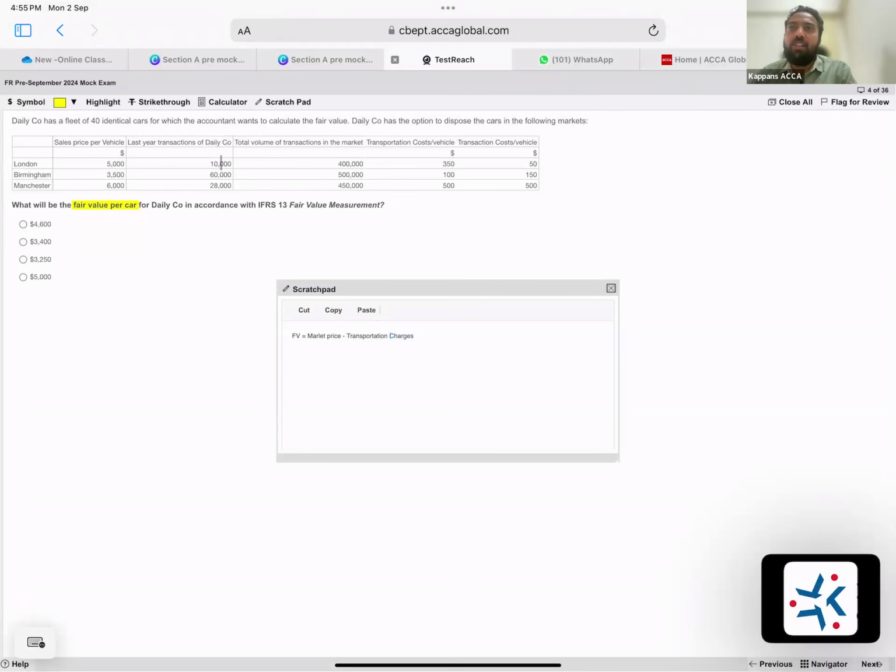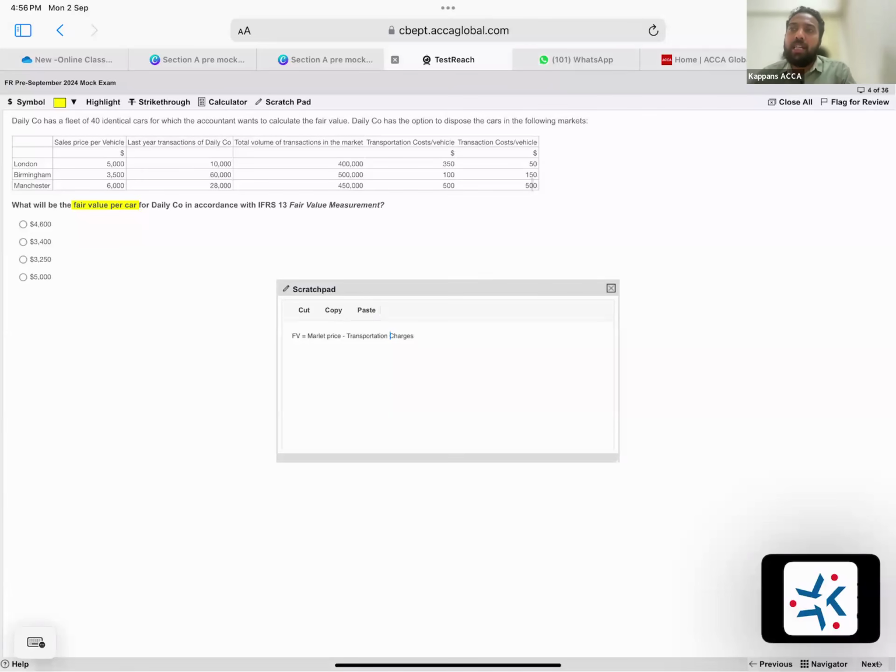Last year transactions of Daily company 10,000, 60,000, and 28,000. Total volume of transactions in the market: London 400, Birmingham 500, and Manchester 450. Transportation cost per vehicle 350, 100, and 500. And transaction cost per vehicle is also given.